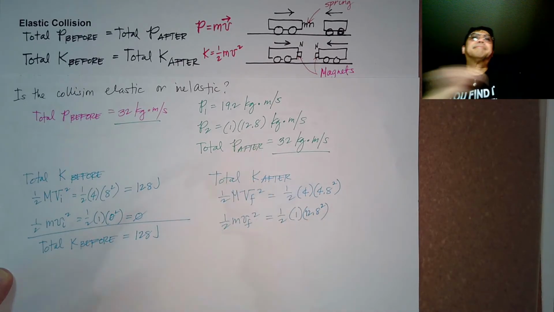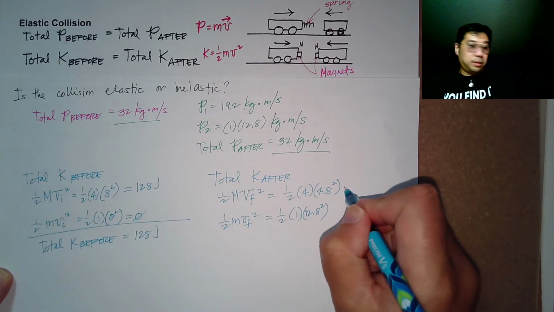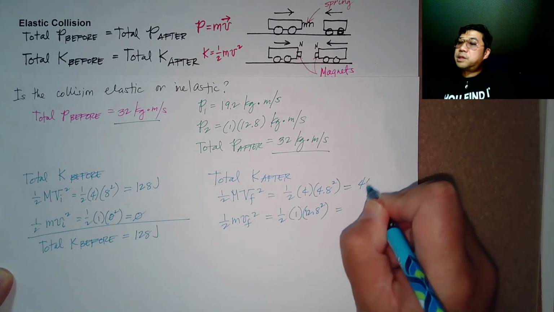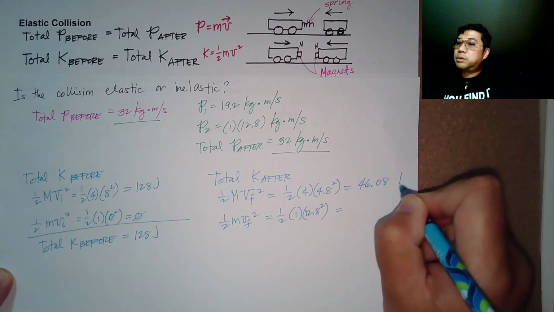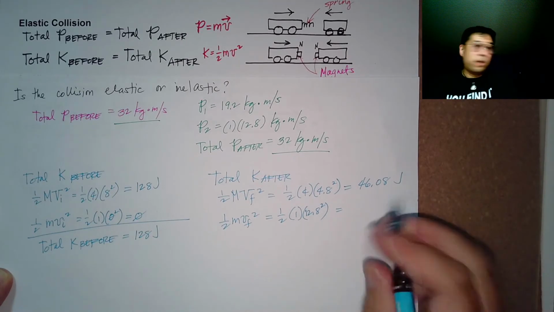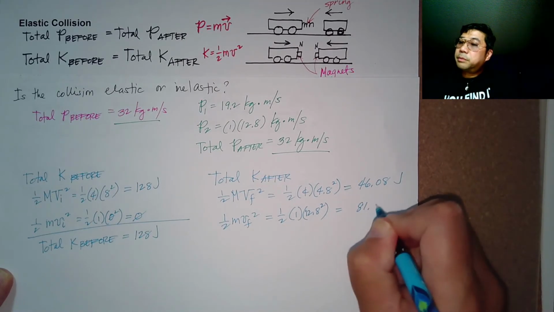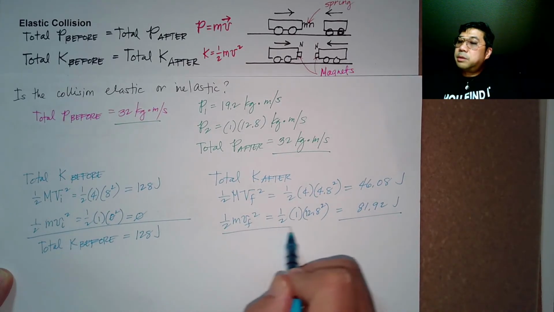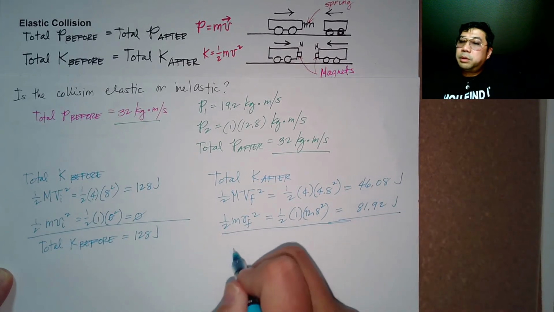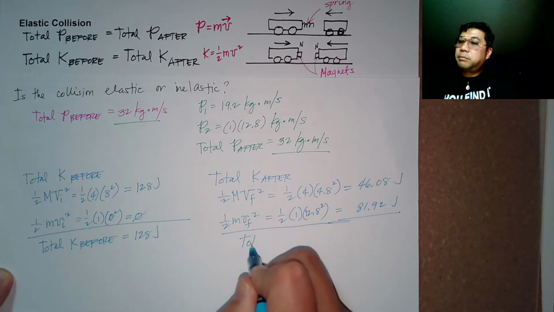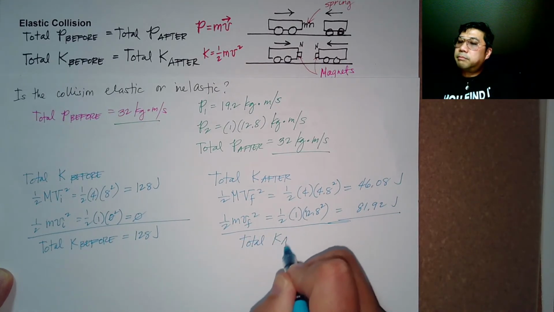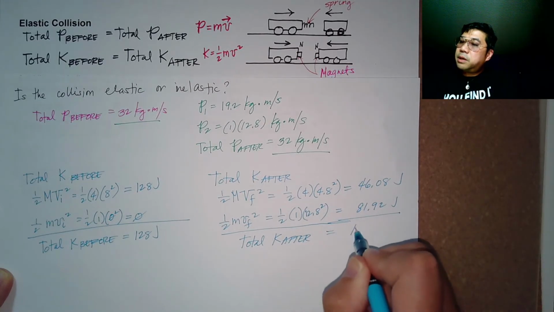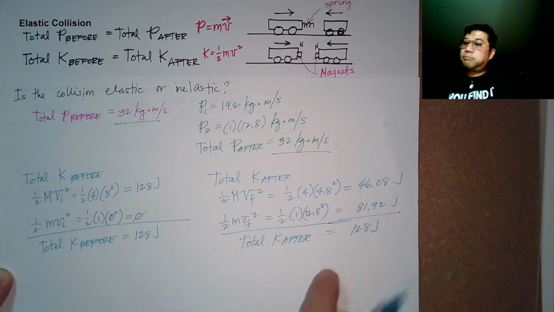This will provide us an answer of 46.08 joules and 81.92 joules. If you add those two numbers to determine the total kinetic energy after the collision, this will give us a total of 128 joules.